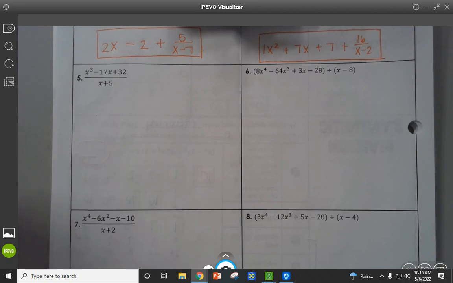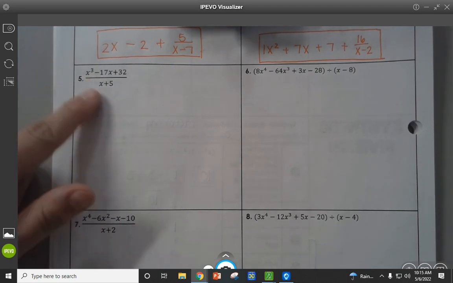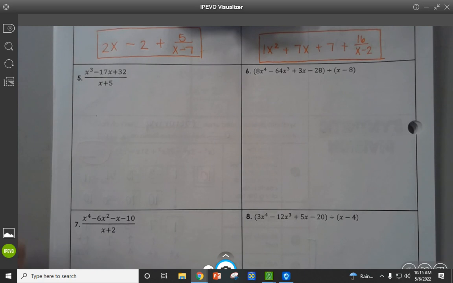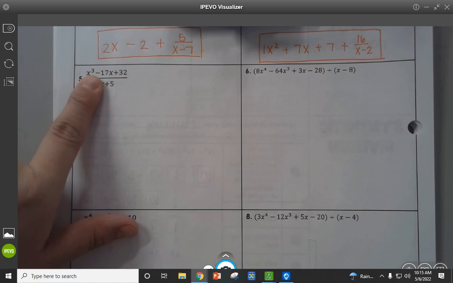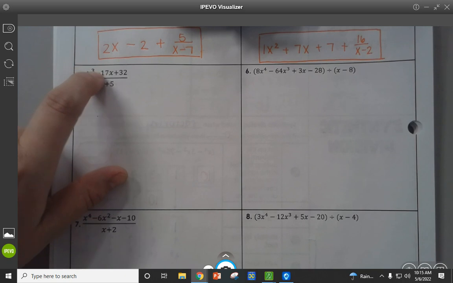It's missing the x to the second. That's something you've got to watch out for, because if it's missing one of those terms in between, you have to put a 0 across the top. So I'm going to go from 1, and then after the 1, I'm going to put a 0 because I have 0x squareds. If you don't do that, it'll mess up your problem.